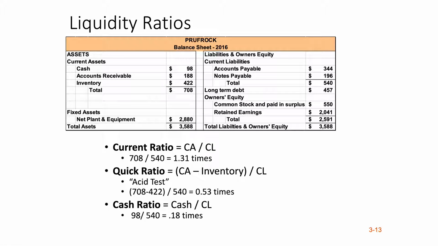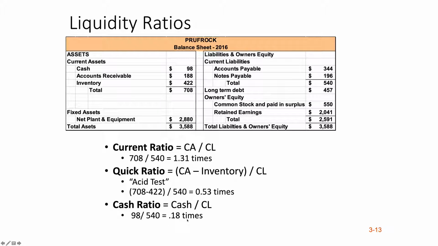Furthermore, if people don't even want to look at accounts receivable, they ask, well, how much cash do you have? What is the cash reserve you have? You're using the cash account, 98 divided by 550. Your cash ratio is actually 0.18. You have 18%. You can pay off 18% today.